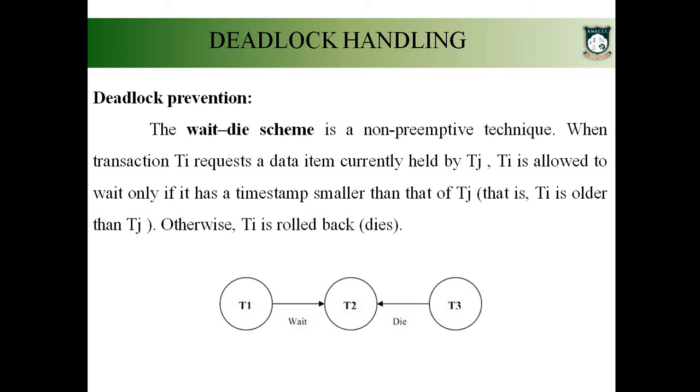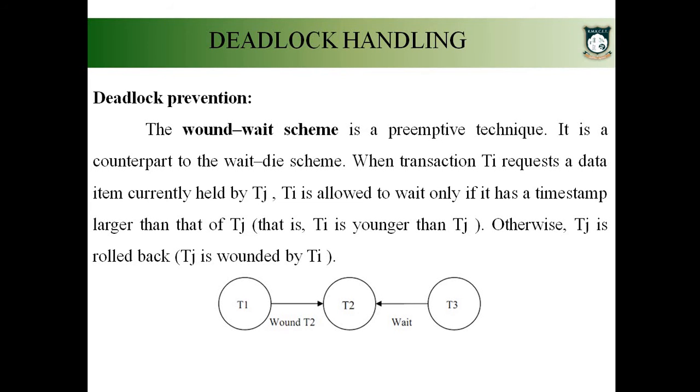Now just see this side, T3, which started after T2, so definitely its timestamp value will be greater. So a transaction with a greater timestamp value is requesting a data item presently held by another transaction whose timestamp value is lesser. In that case, we make T3 roll back. So this scheme is called the wait and die scheme.